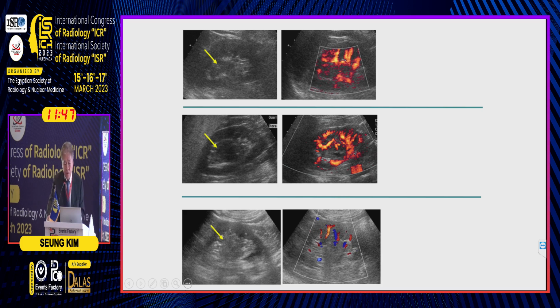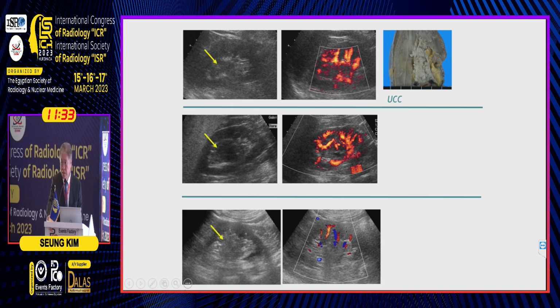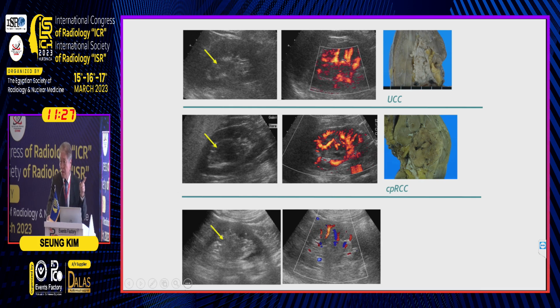It's not easy to distinguish the cause of these hypoechoic areas. The first one was actually urothelial carcinoma in the renal pelvis area, and the second one was renal cell carcinoma bulging into the renal hilar area. It was a chromophobe type of renal cell carcinoma.